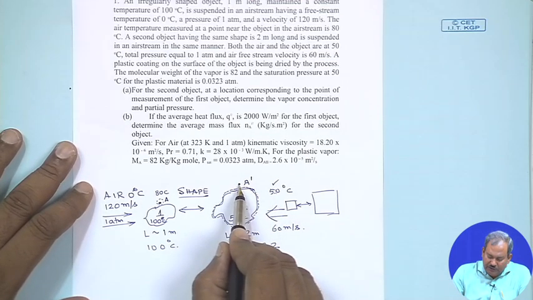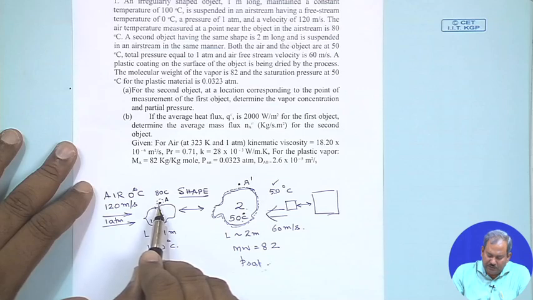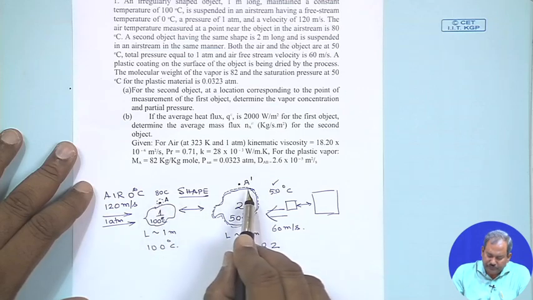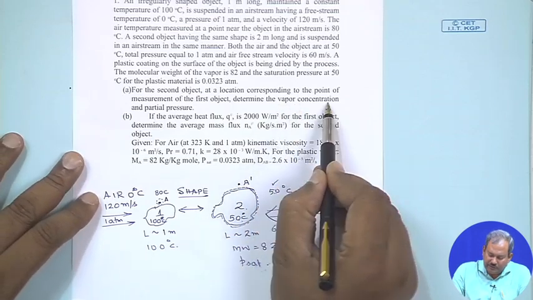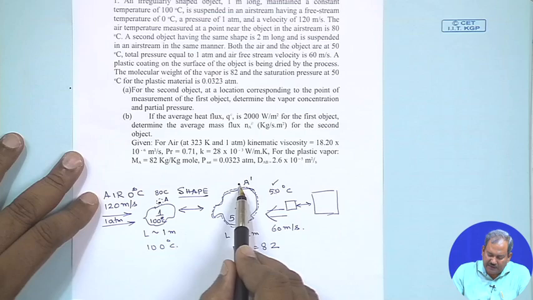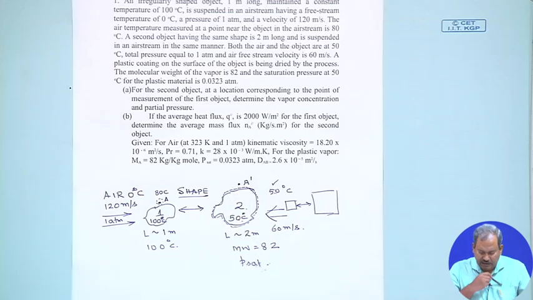You cannot measure the vapor concentration because you do not have the tools to measure concentration, but you have tools to measure the temperature, which you have done. Using analogy, what you have to find out is the vapor concentration and the partial pressure at point A prime. So, this is a classic ideal example.